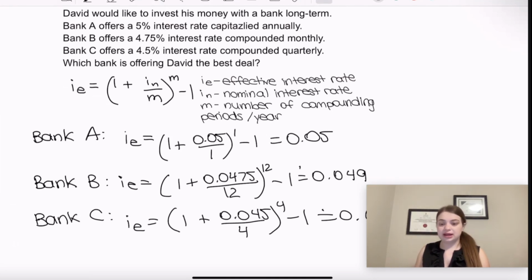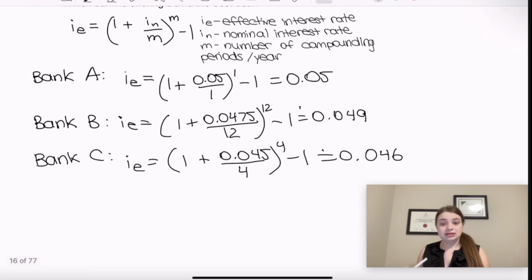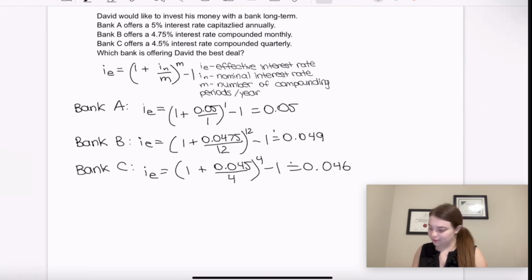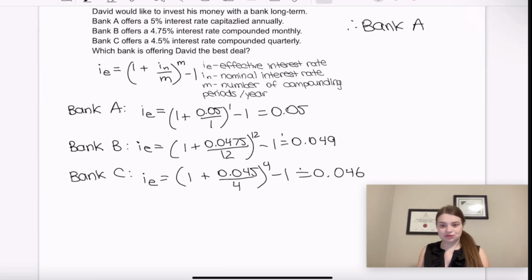And so therefore, it actually turns out that Bank A still has the best rate. So Bank A, which actually had the best nominal rate in this case, also has the best effective interest rate. So sometimes that is the case, but notice how here the effective interest rate was 0.049, so about 4.9%, which is quite a bit higher than the 4.75% we saw here.